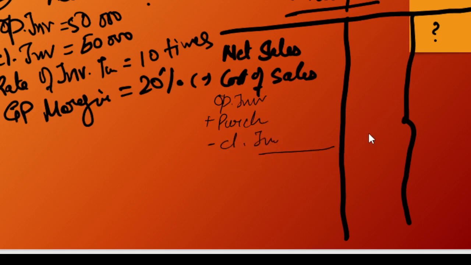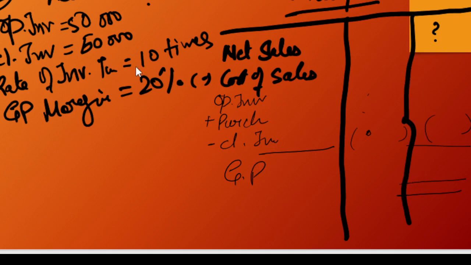Whatever you are having, that is your cost of sales, and after that you will be able to find out your gross profit by deducting cost of sales from net sales as your GP.